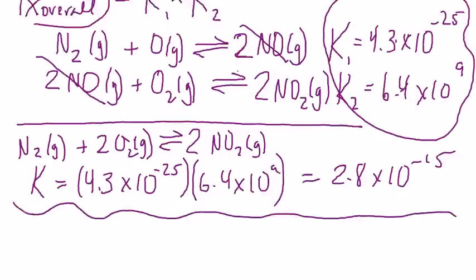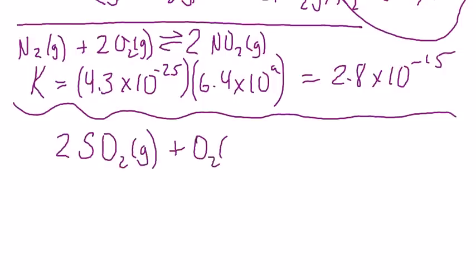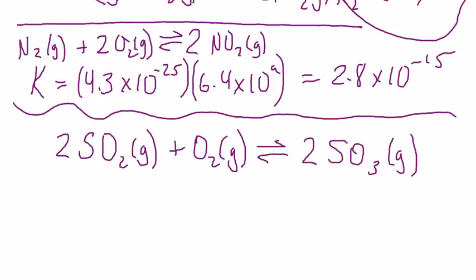Another thing to consider is what happens if you want to reverse the direction of a reaction. What happens to its value of K? Let's take this reaction here. Two SO2, sulfur dioxide gas molecules, can react with oxygen gas to produce two molecules of sulfur trioxide gas.